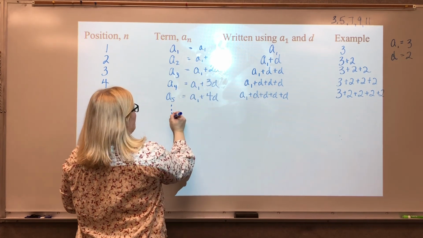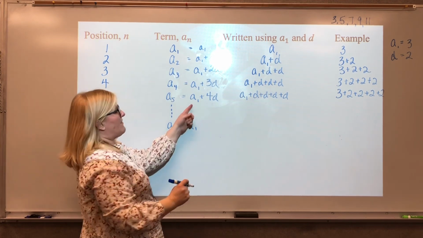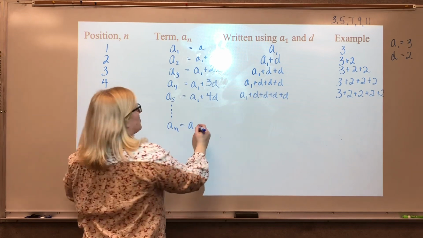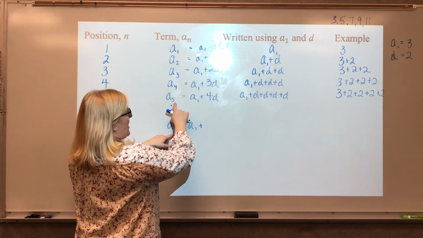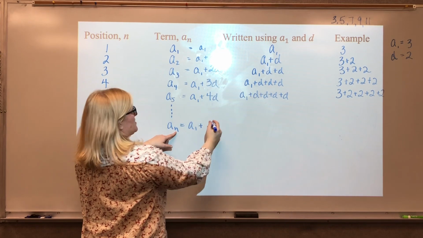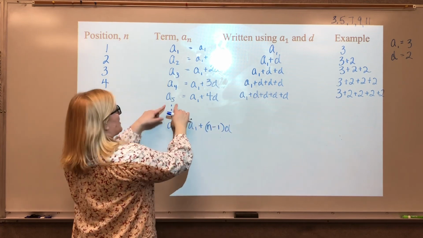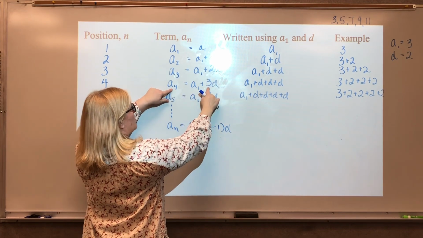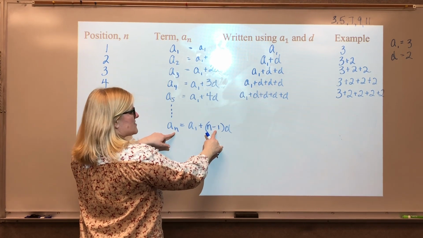So if I'm coming down here to a sub n, this means that I'm going to have a sub 1, because we've got a sub 1 on every single one of these, plus n minus 1 times d. And the reason is because I have 5 here, 4 is 1 less. I have 4 here, 3 is 1 less. I have n, n minus 1 is 1 less.